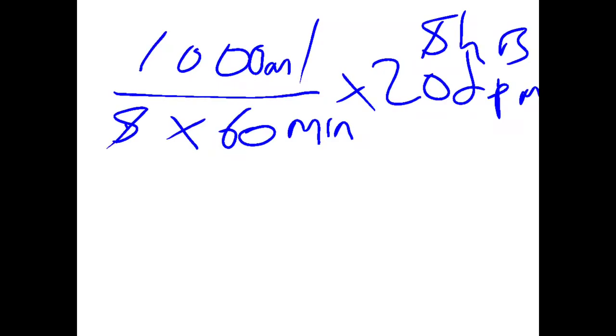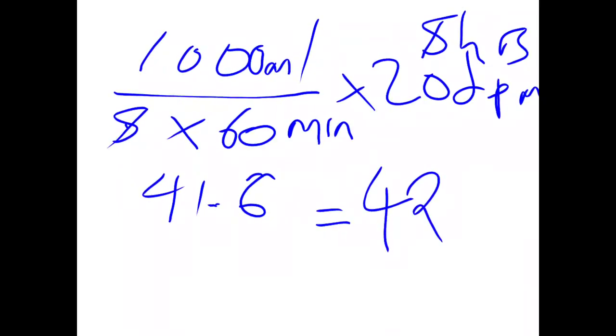That will give you about 2.1, or just 2. Then when you multiply 2 by 20, you arrive at an answer of 41.6. You round this off to a whole figure as 42 drops per minute.